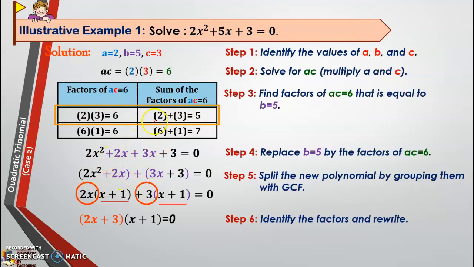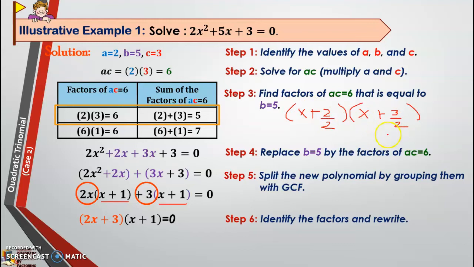After identifying the two factors, you can make two open and close parentheses with x in each. The signs are whatever the signs of 2 and 3 are, so you have x plus 2 and x plus 3. Then you divide the numbers by the value of a. Since a here is 2, so 2 over 2.